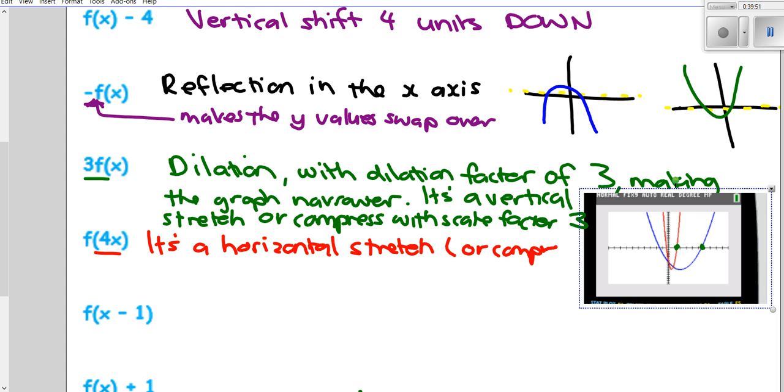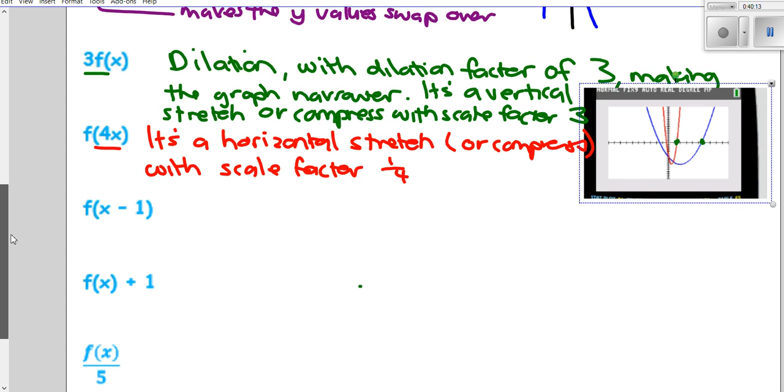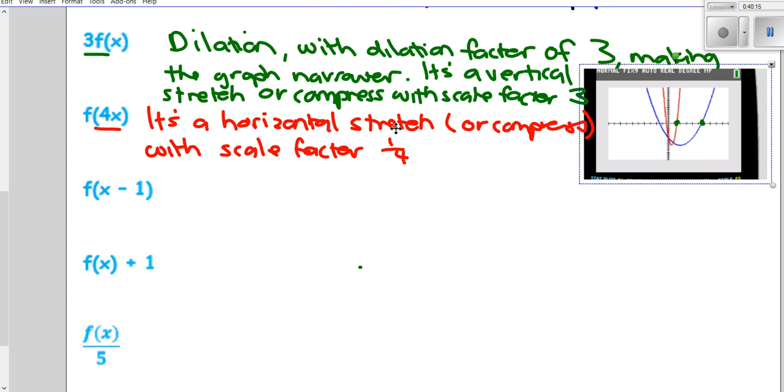Well, this one is a compression with scale factor 1/4. Make everything come in narrower. So that's kind of the official terminology that we can use. They were a little bit confusing, those ones, but now we can see some nice words, terminology we can use for this.